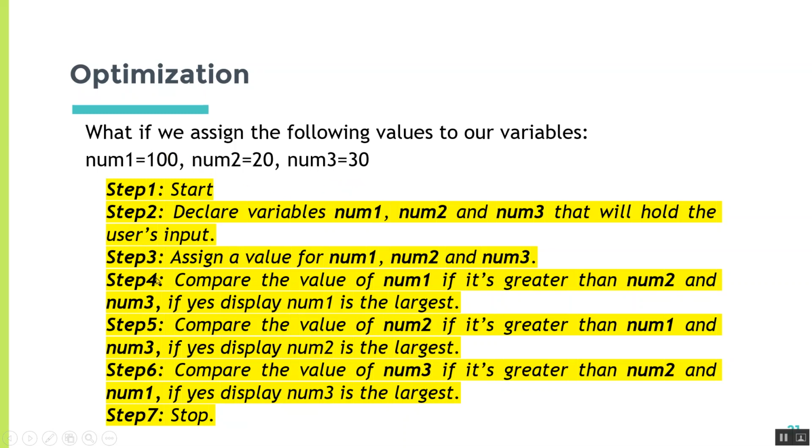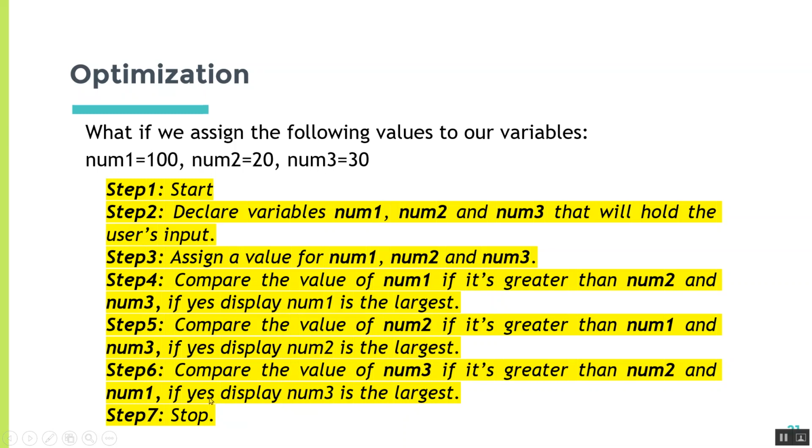Now, at step 4, it will display num1 is the largest. So that is correct, right? But the algorithm doesn't stop there. It will continue to check if num2 is greater than num1 and num3. And at step 6, it will compare num3, is it greater than num2 or num1, until it stops.